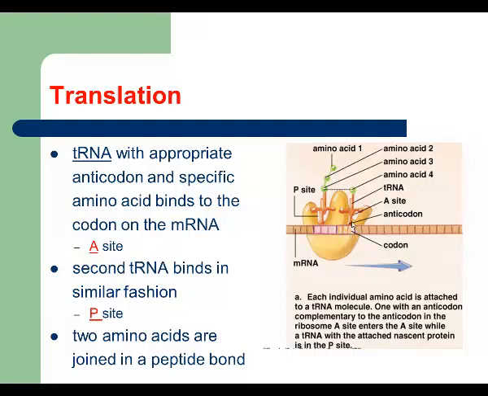Then it passes that information to the amino acid site, where the amino acid encoded by this codon will be made. The next step, that tRNA with the amino acid will be moved to the P site of the ribosome, and it happens again and again and again, and those amino acids will be linked to each other as translation continues.